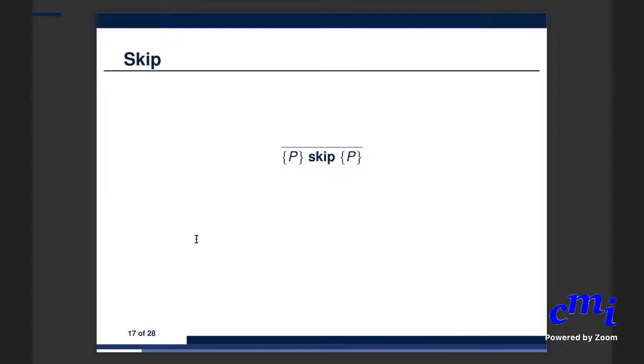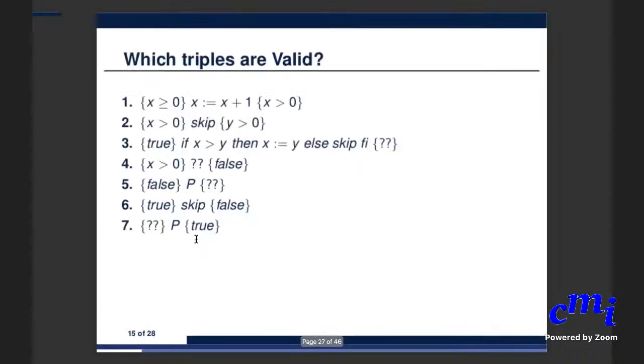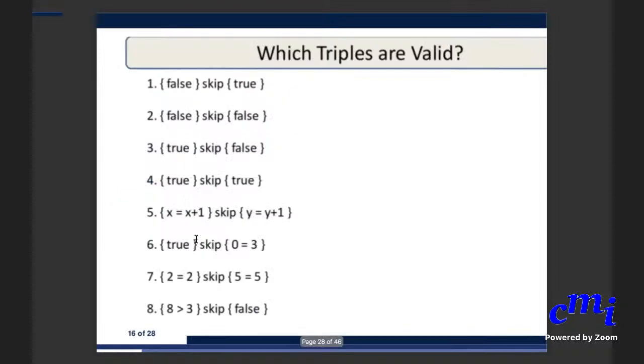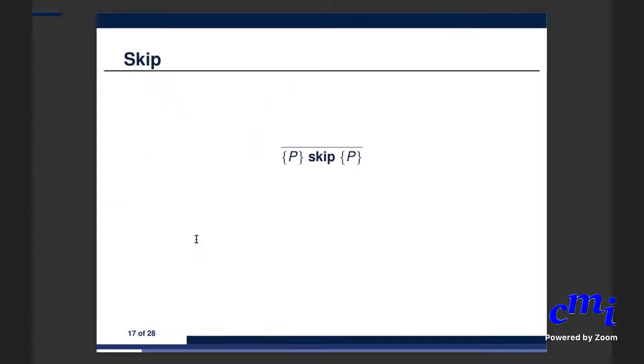So what I want to do now is to formally define, as inference rules, when a Hoare triple is valid for all programs.